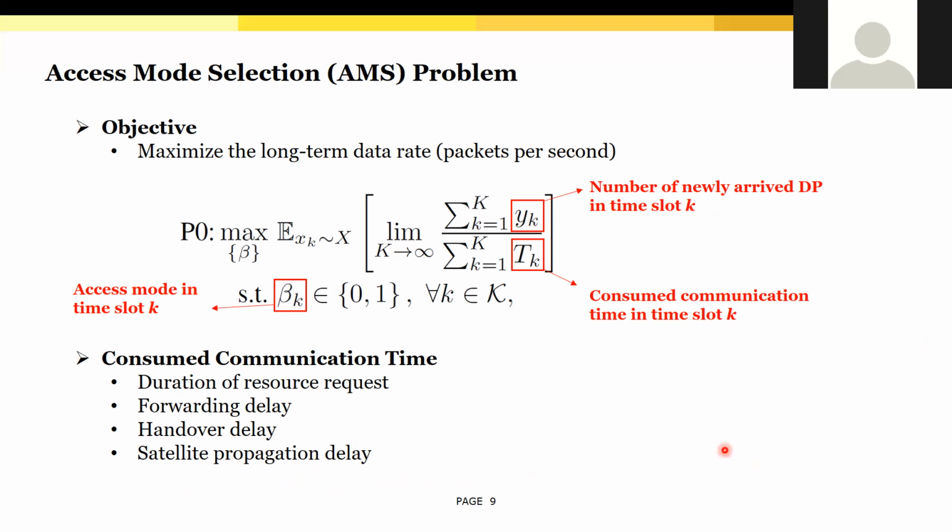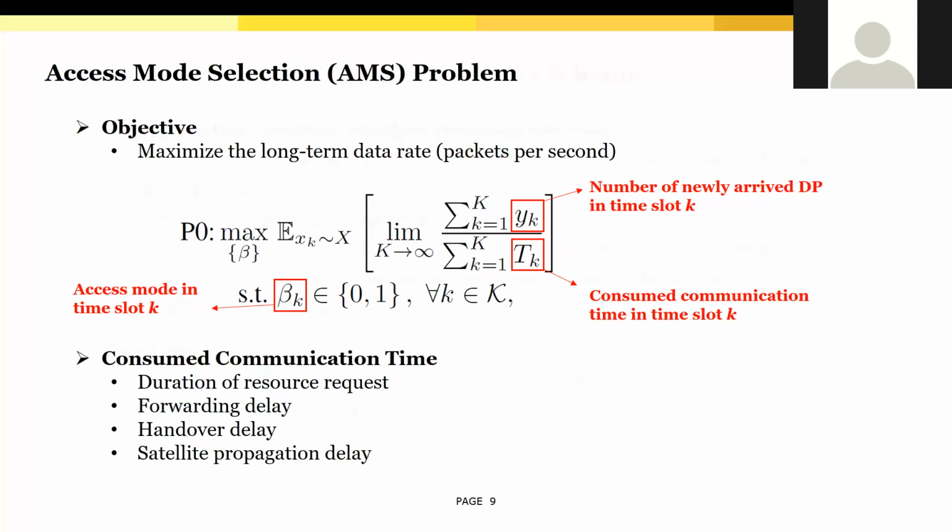So this is a stochastic integer optimization problem, which is difficult to solve for 2 reasons. First, the objective function consists of a random variable of DP arrival, like this. And second, we should consider network dynamics in terms of DP arrivals and vehicle mobility at future time slots to avoid myopic AM decision making.